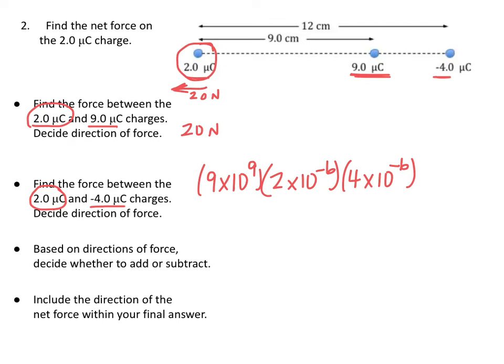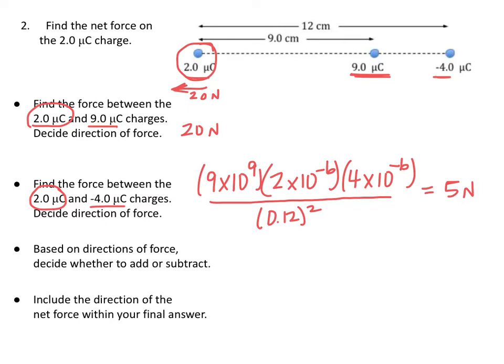I'm just finding the amount of force. And those two charges are much further apart. They are 12 centimeters away from each other. So dividing by 100, that gives us 0.12 meters. And so when we calculate that, it comes out to be 5 newtons.